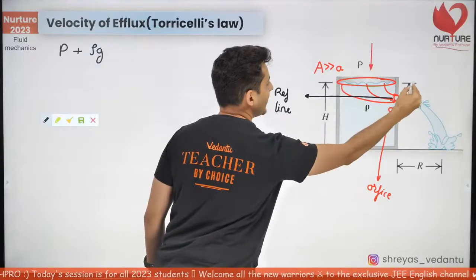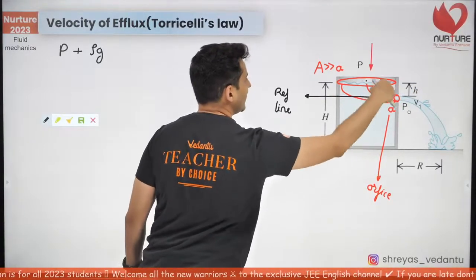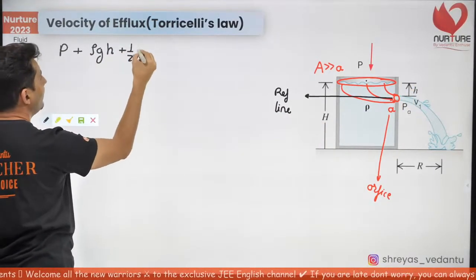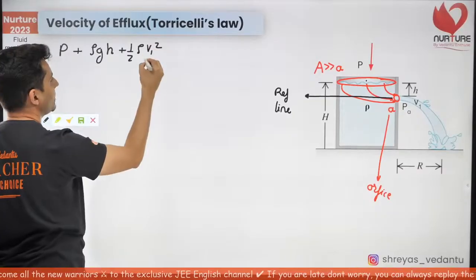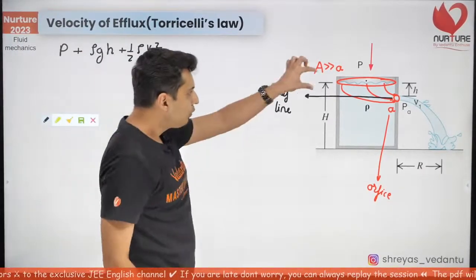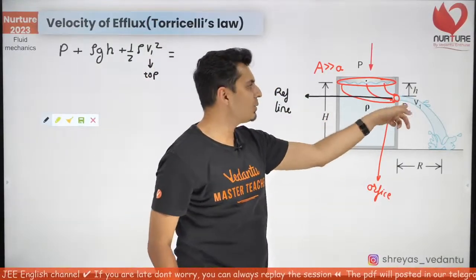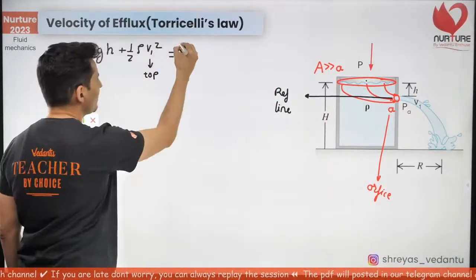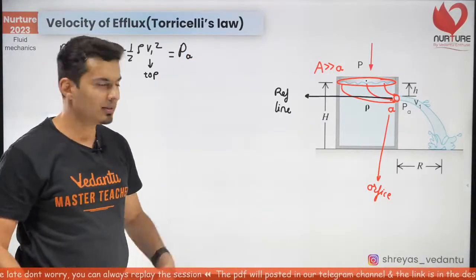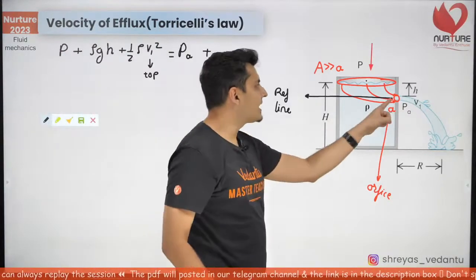Can you see this small h? This is the center. This is the reference line. The height of that cross section is small h. So rho gh plus half rho v1 square. This is at the top is equal to, once it comes out, it is open to the atmosphere. So the pressure over here is just the atmospheric pressure P0, whatever you want to call it, atmospheric pressure, plus rho gh.